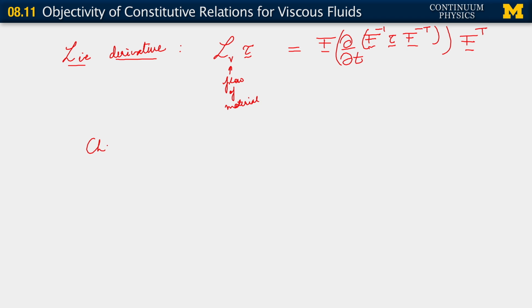Let's check that this rate, this Lie rate as defined here, is objective. Okay? Is it objective? All right. So what do we expect for it to be objective? If it indeed is objective, we need to check that the Lie derivative applied to tau plus is equal to just the rotation applied to the Lie derivative of tau.